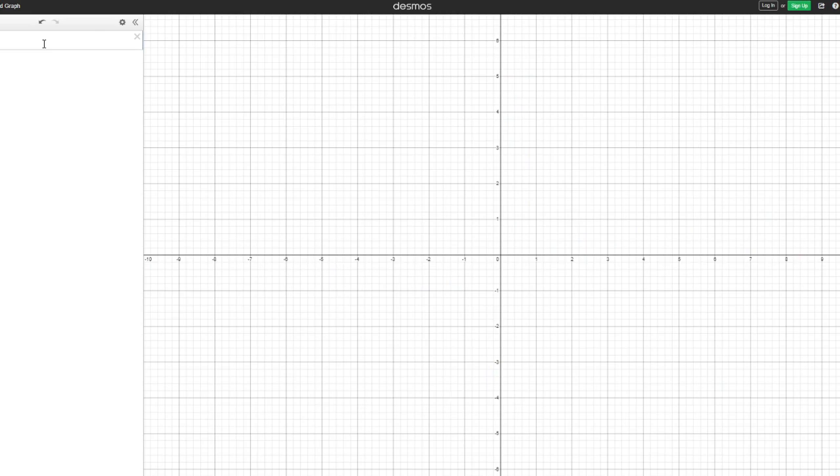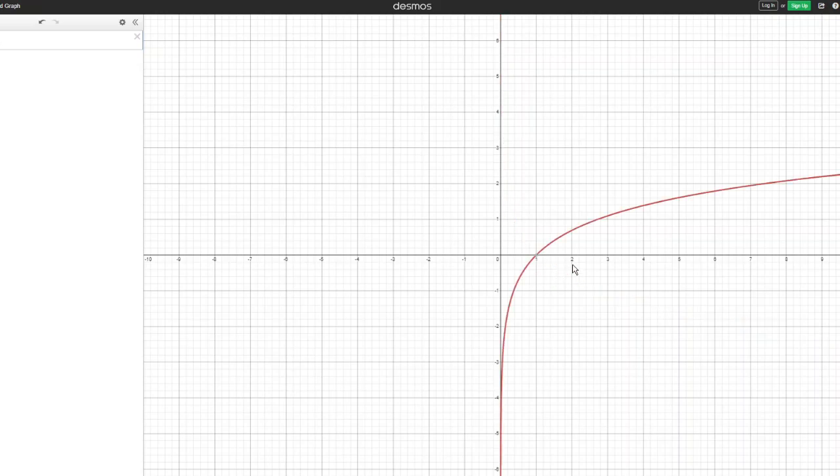Well, at this point, we need the graph of natural log of x. Now you look at the graph of natural log of x. We're trying to take the limit of natural log of x as x approaches 0 from the right, right?